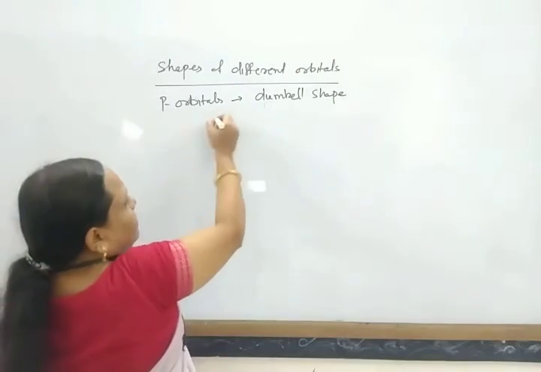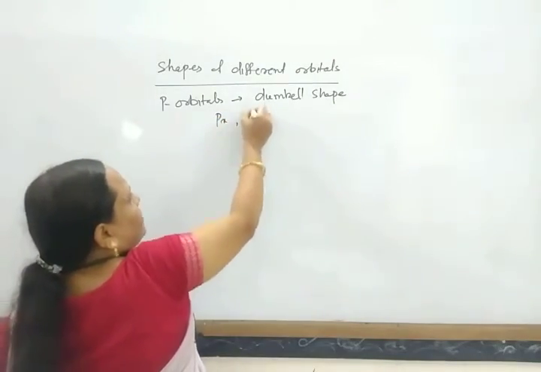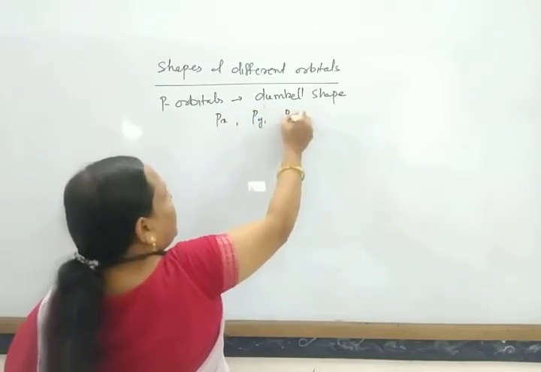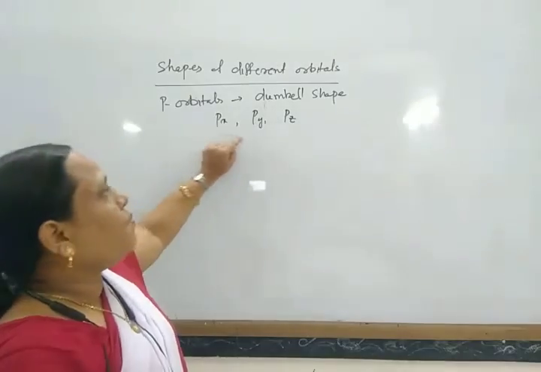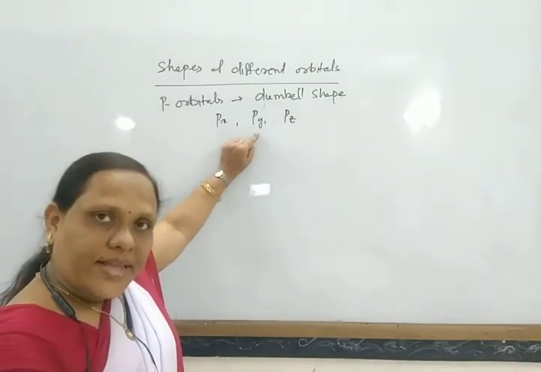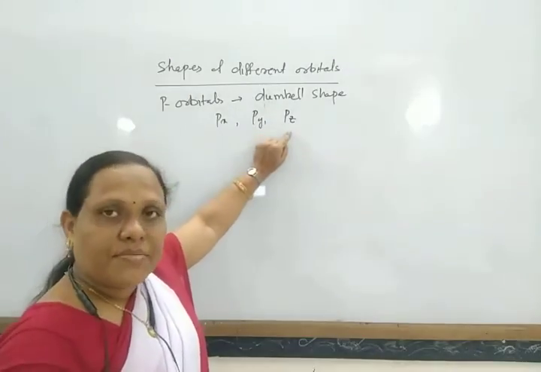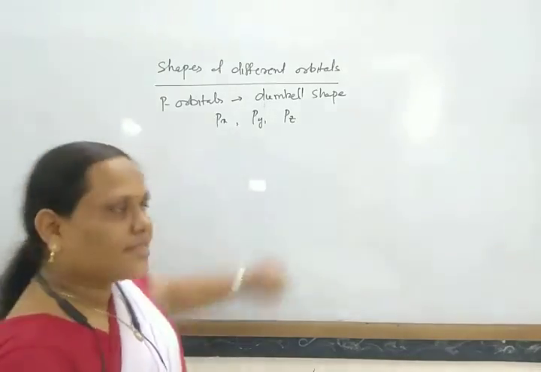There are three types of p orbital: px, py, pz. Px remains along the x-axis, py remains along the y-axis, and pz remains along the z-axis.